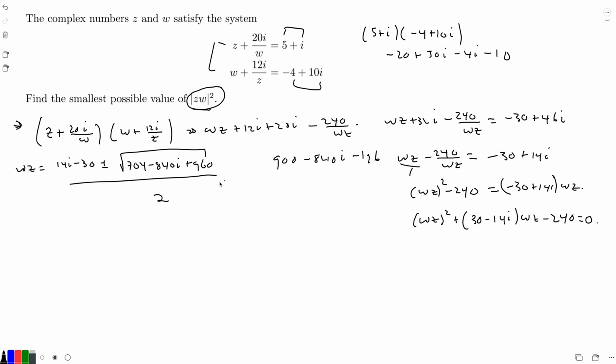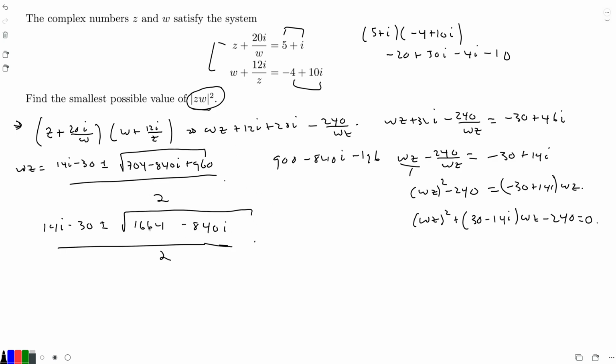Just make sure I did that correctly. Negative 196 for 200 looks good. So combining these, we get 14i minus 30 plus or minus the square root of 1664 minus 840i over 2.